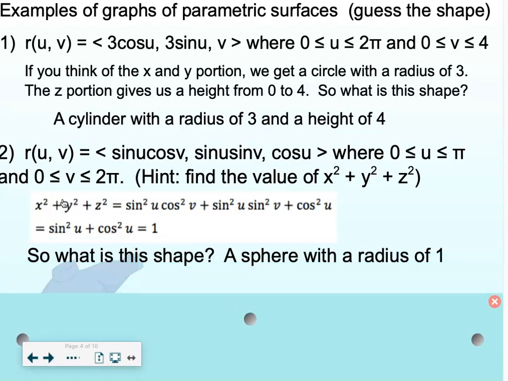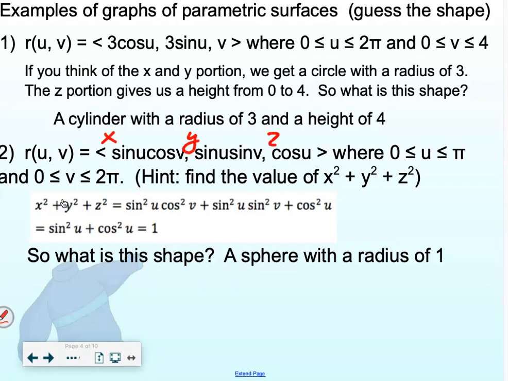Now, the thing that's interesting that made me think of this is, I don't know if you guys remember, but when we learned spherical coordinates, we learned the x, the y, and the z values just with rhos and phis, but the exact same formulas, right?